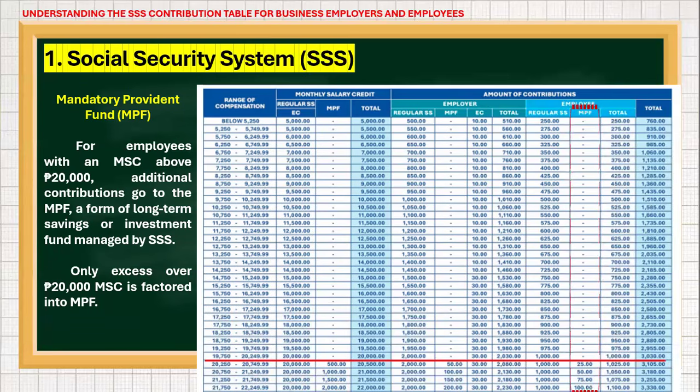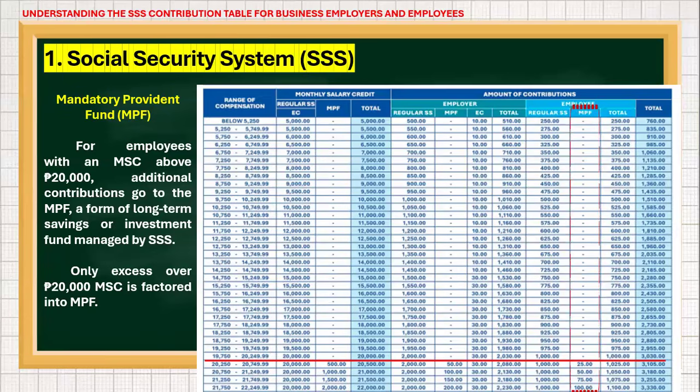So the excess of 21,000 will be part of your MPF. So there is an excess of 1,000 pesos here on top of your 20,000. So that's a total monthly salary credit of 21,000. So whatever is the excess is your MPF. So that's how it works.